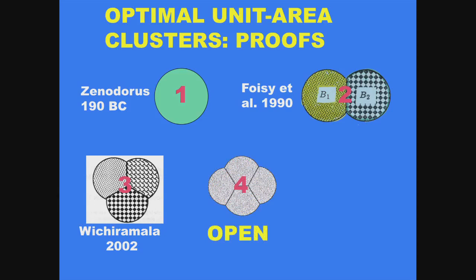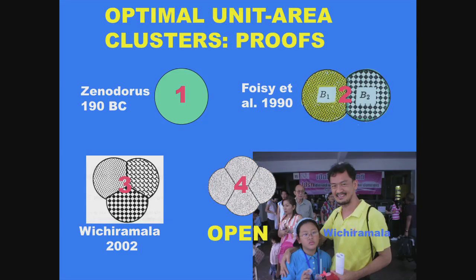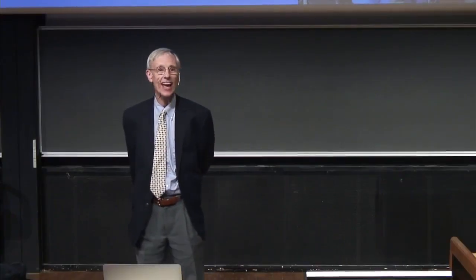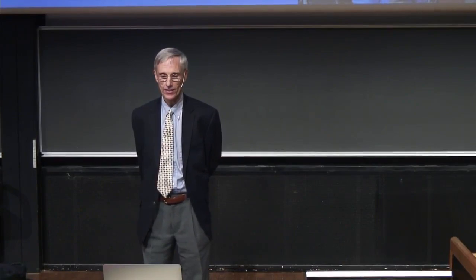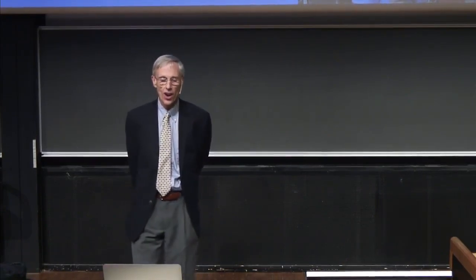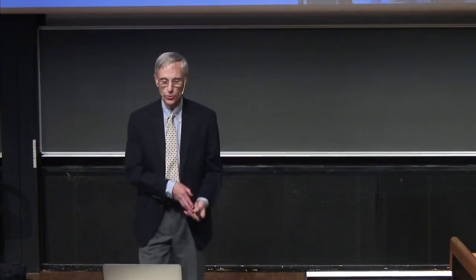We think this is the answer. No one's been able to prove it. I visited Wichiramala in Thailand, where he has some bubbles with his daughter there, and asked him why he hadn't done that yet, and he had a short answer. Too hard.